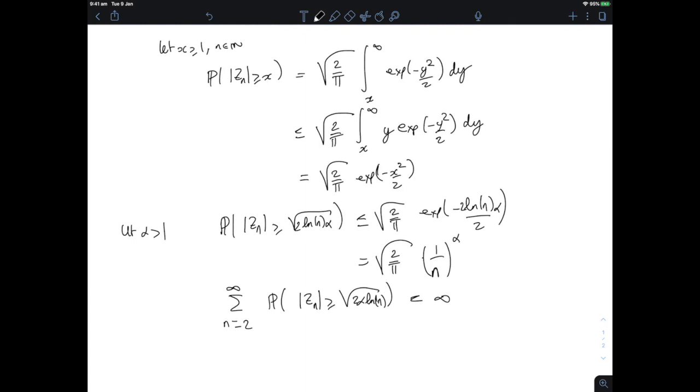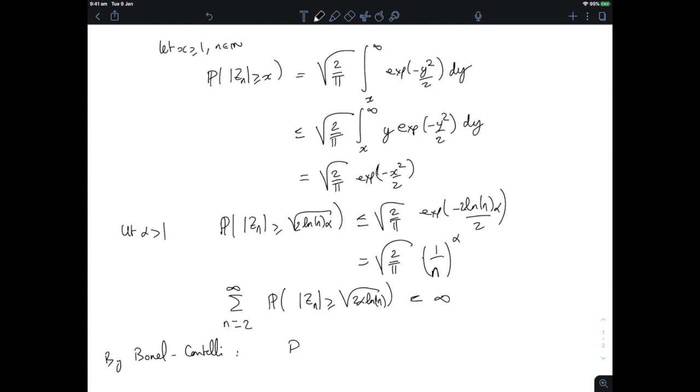Now this really means these events cannot happen particularly often. That's exactly the content of the Borel-Cantelli lemma. It tells us that when you have a family of events whose probabilities are summable, then these events almost surely only happen finitely many times.